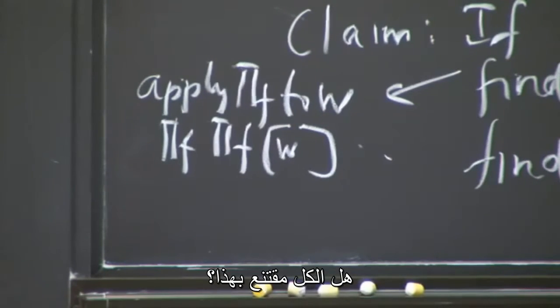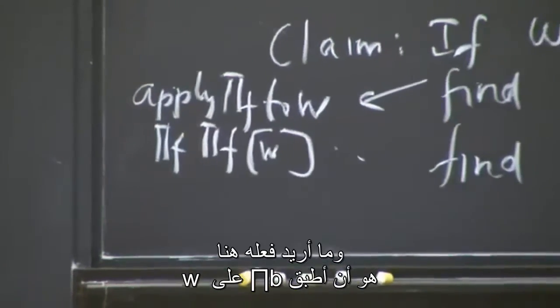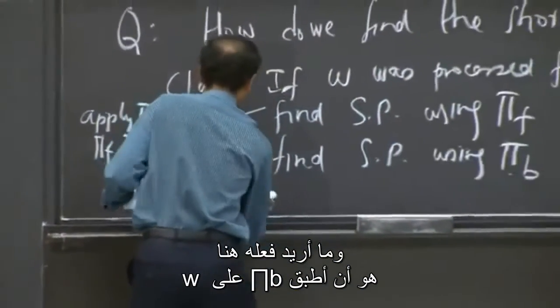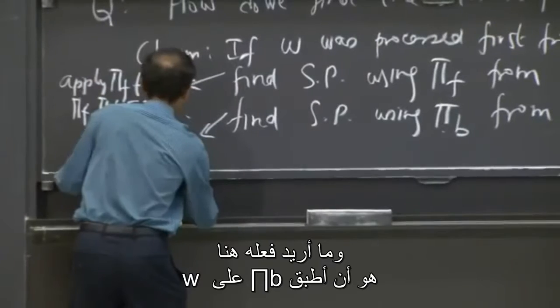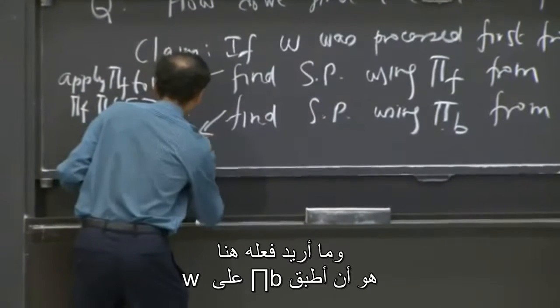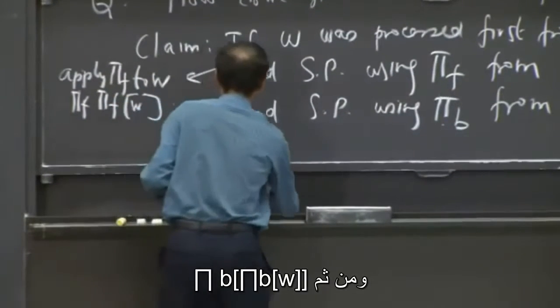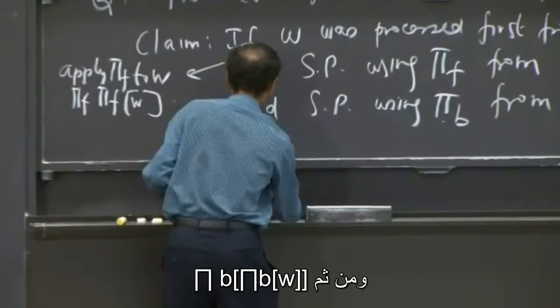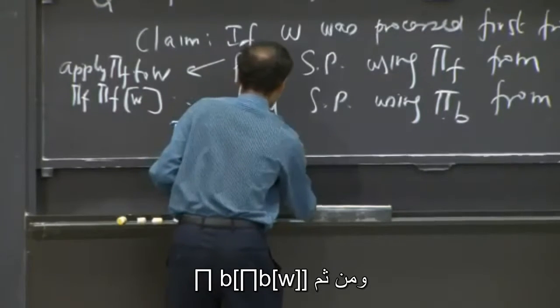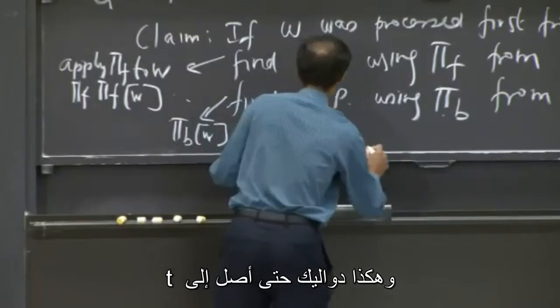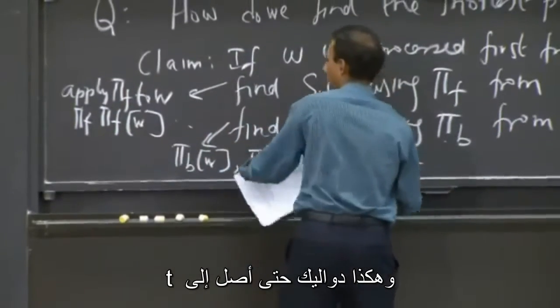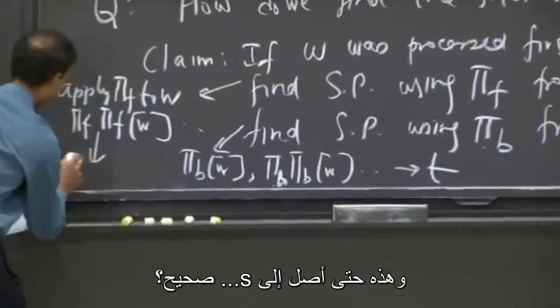People buy that, right? And what I want to do here is apply pi b to W, and then pi b again, and so on and so forth till I get to T, right? And this one till I get to S, right?